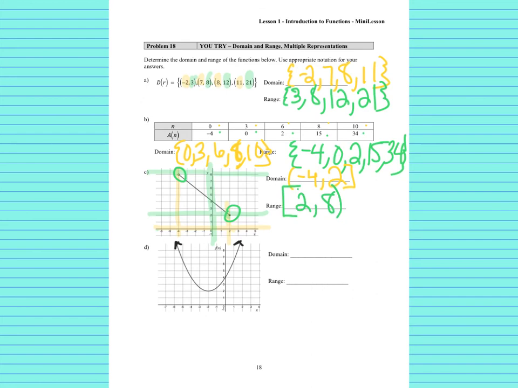All right, and now D. So D, when you described your domain, hopefully you looked at your X-axis. And you looked at the fact that there were arrows continuing to go in both directions, which tells you not only does it continue to go up forever, but it would also continue to get wider forever, which means your domain is going to be from -infinity up to +infinity.